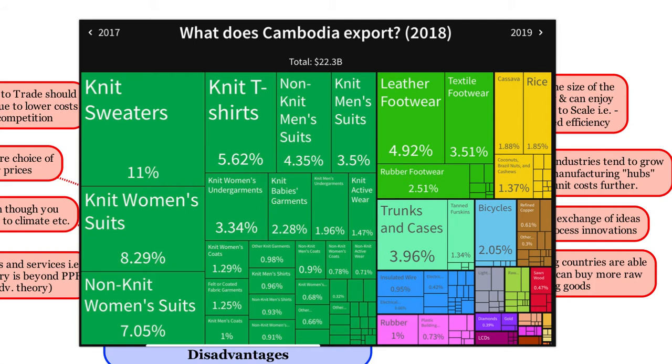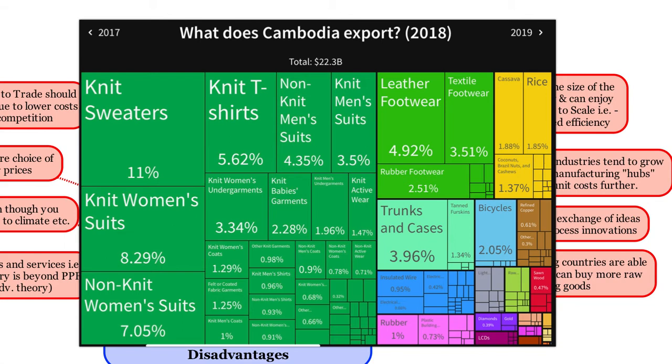This is Cambodia. What is it exporting? Well, it's exporting sweaters, knitwear, t-shirts. It's a very big exporter of clothing. And even if you look now at the label in a cloth, you'll often see that it's made in Cambodia. So this gives you some good information about Cambodia.